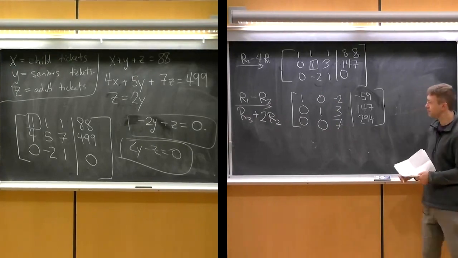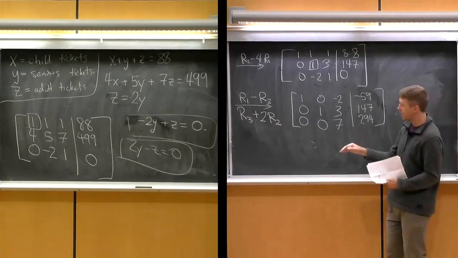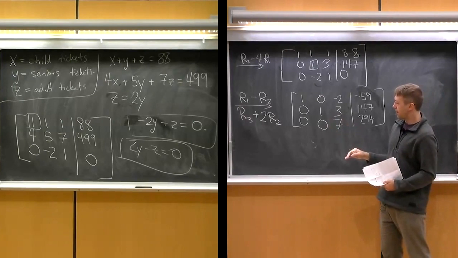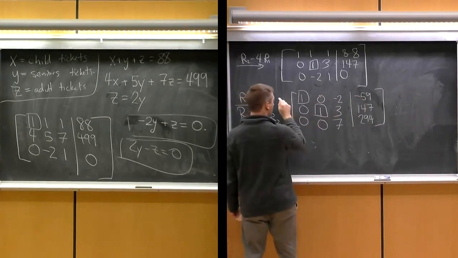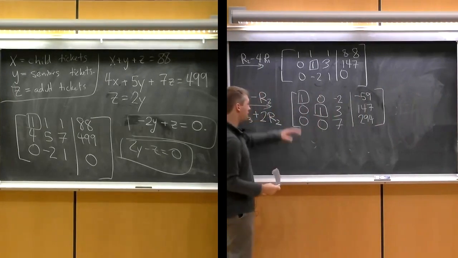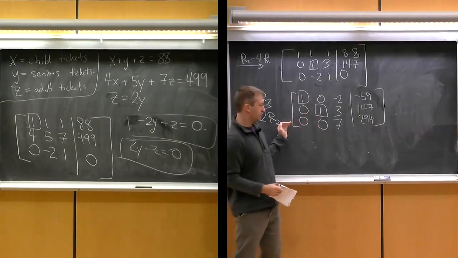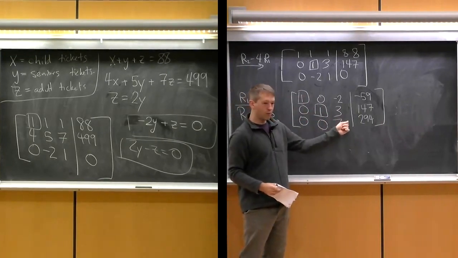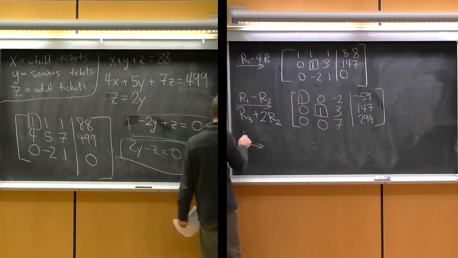Yeah. So actually, that's how this system works: once I've got these rows sorted out, I actually don't want to add these things to the third row at all. I just want to take this third row and get that to be a 1 by dividing, or in other words, multiplying by 1 over 7.